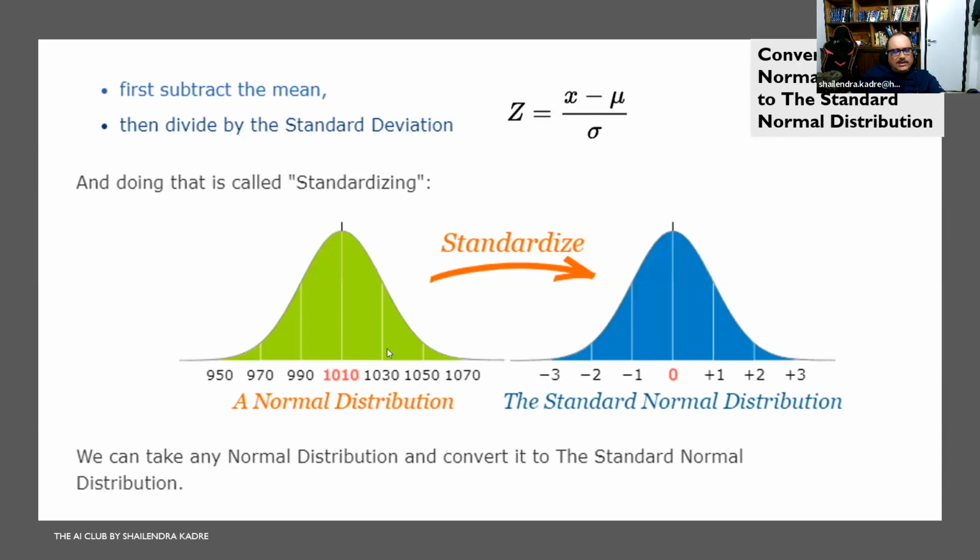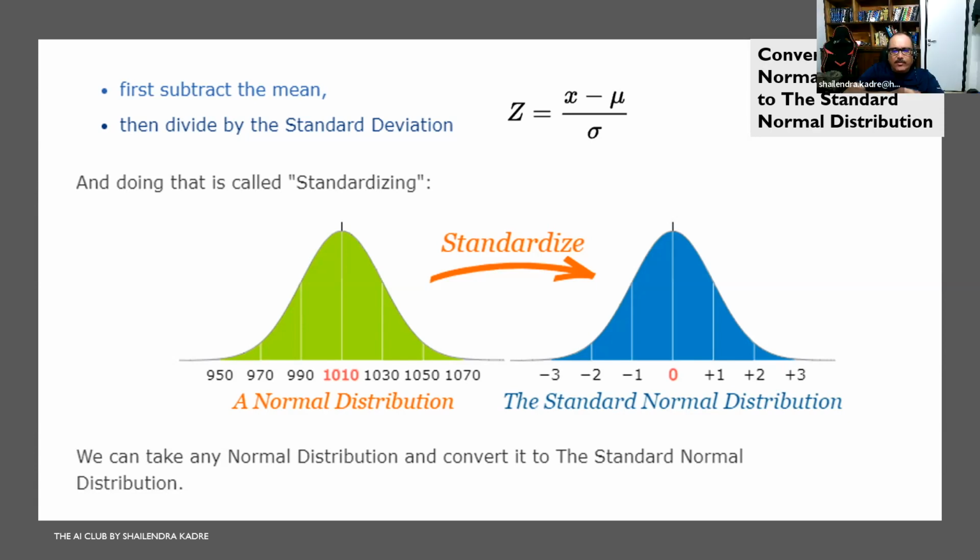Now, see this green distribution. It is a normal distribution. It is not a standard normal distribution. What is the mean of this green normal distribution, the one shaded in green? 1010 is the mean, right?